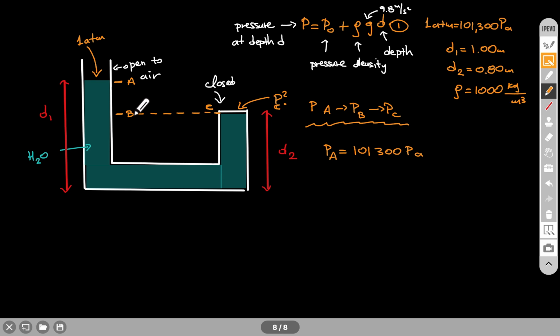I have A and B. B is the one that is deeper, so the left side is PB, because point B is at a lower level than point A. And because A is higher, I'm going to say PB equals PA plus the density of water times 9.8 times the depth. Here I need to do a little bit of work to see what depth I'm going to use. Remember, I'm going from A to B. The depth that I need to use is the depth of B.